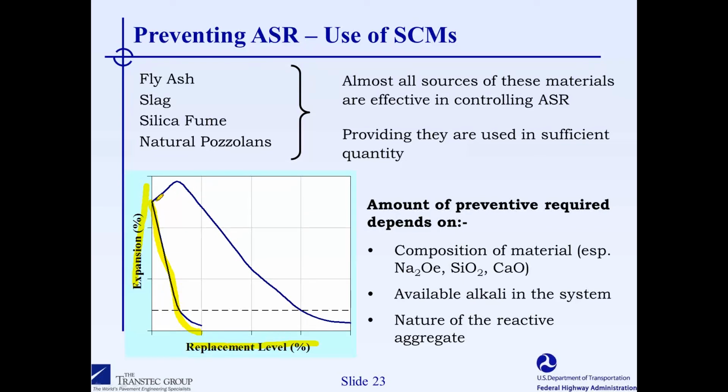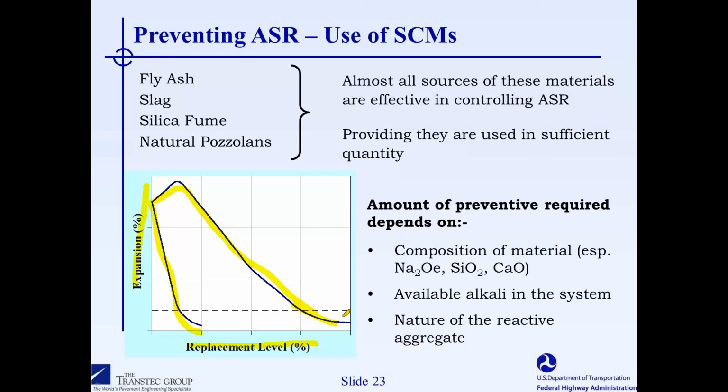At the other end of the scale, we have SEMs that may not be very effective at all at low levels of replacement, and we may need to get to levels of replacement like 40 or 50%. And paradoxically, it's the silica content of the SEM that determines how effective it is in terms of controlling alkali-silica reaction. The more reactive silica an SEM contains, the more effective it is.